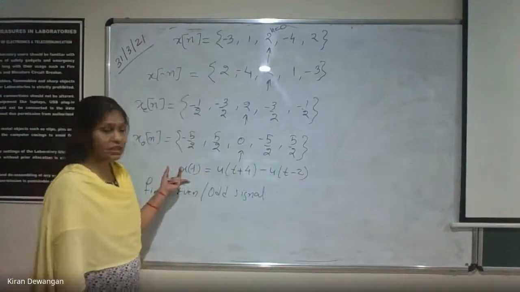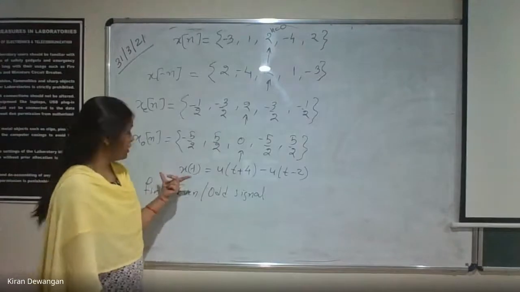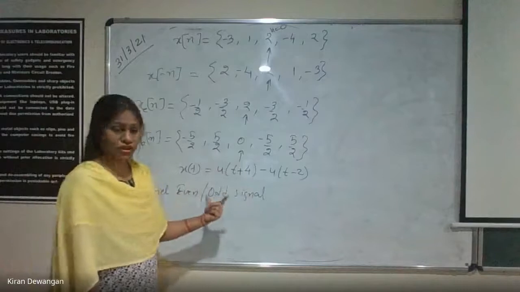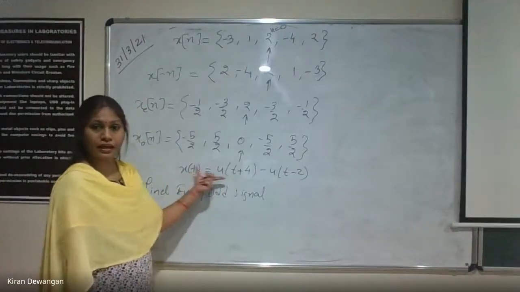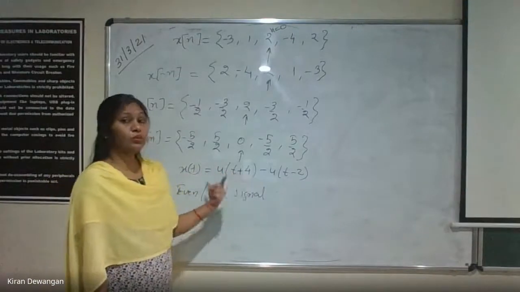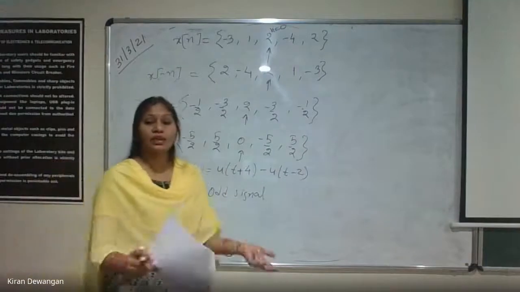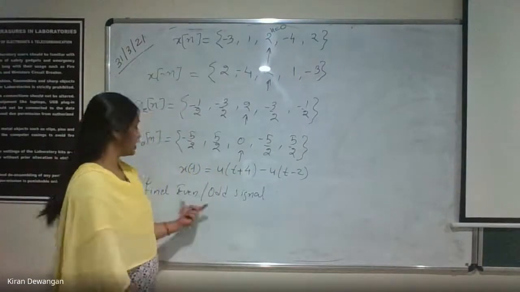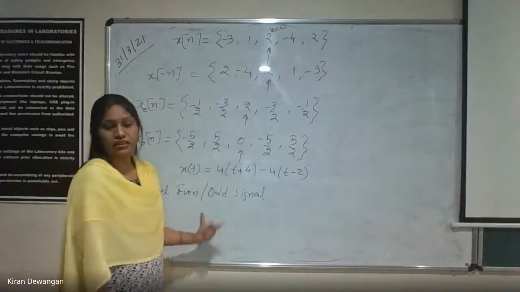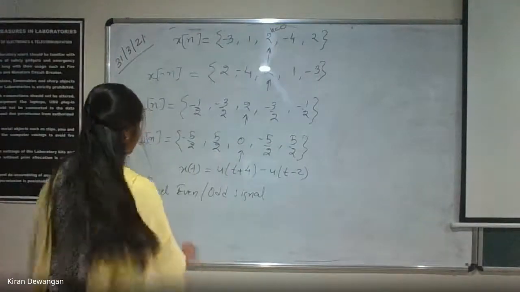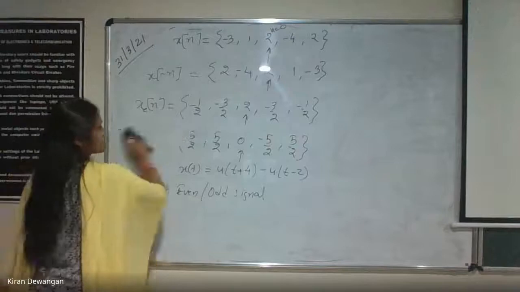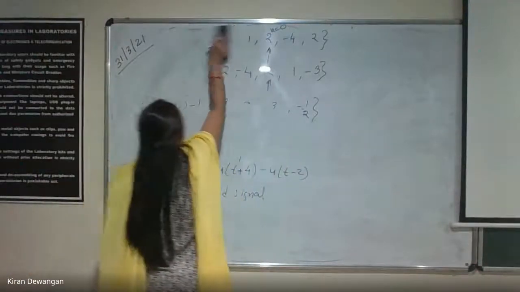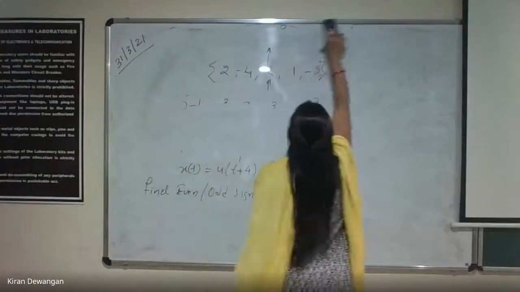So after this, first of all, we'll find out x of minus t, and then we'll plot both. That is, x of t को भी plot करेंगे, x of minus t को भी plot करेंगे, and then we'll check whether these two are coming symmetric or anti-symmetric, and accordingly we will decide whether the signal is an even or odd signal or neither. मतलब कुछ भी नहीं है. ठीक है? So let us first find out x of minus t.